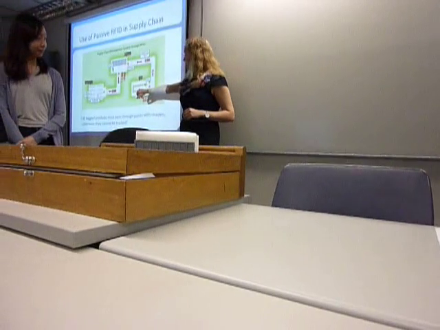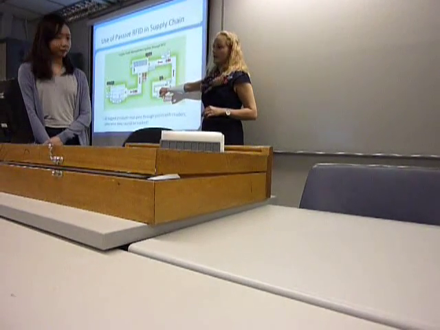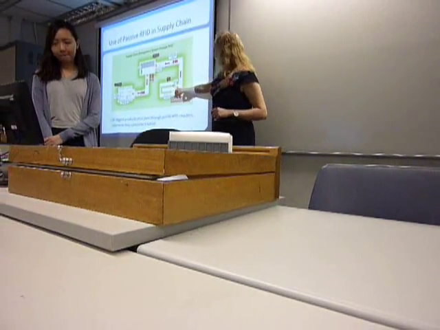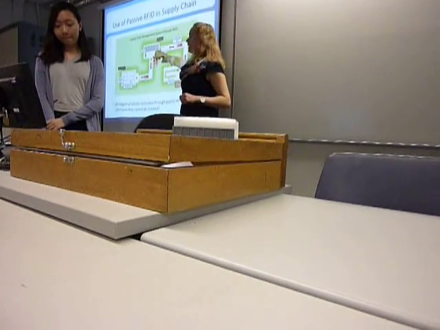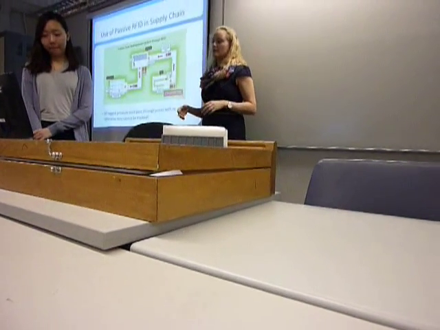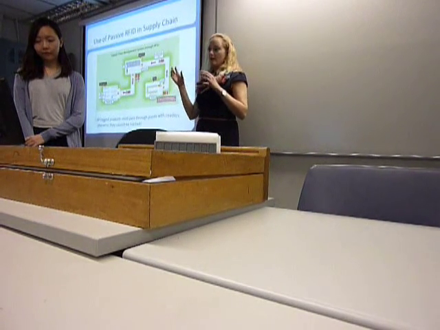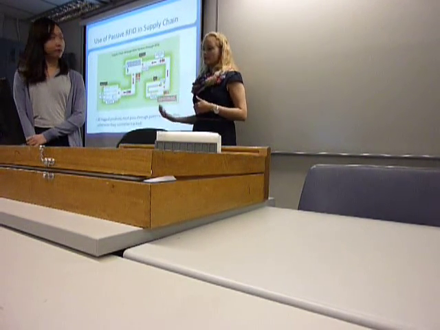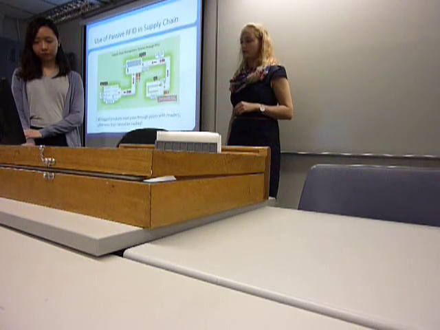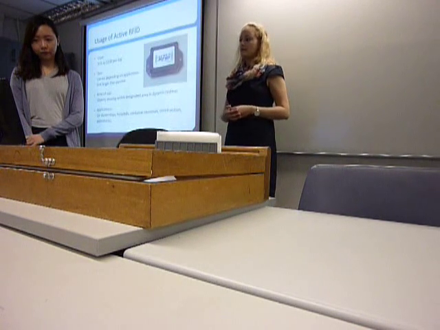All the products that are tagged with the RFID tag have to move through these RFID readers to be registered, and then you always know where a product is at a certain point, because it's always scanned as it goes through the readers.